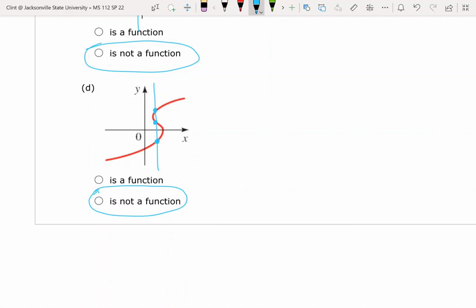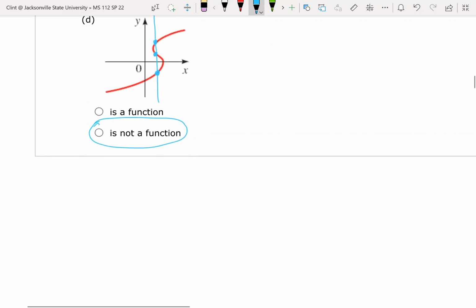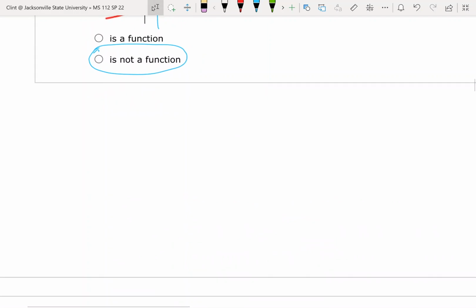So if you can draw in any vertical line that touches it more than once, not a function. Questions? As long as you remember what the test says, then you're in pretty good shape there. Okay, what's next?